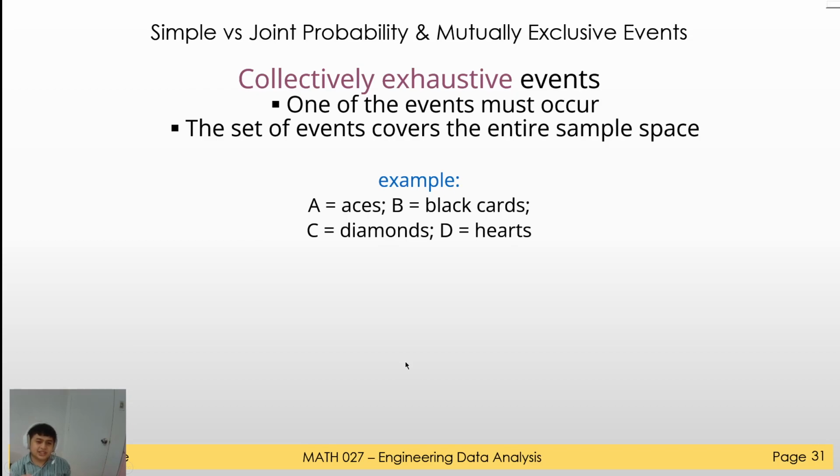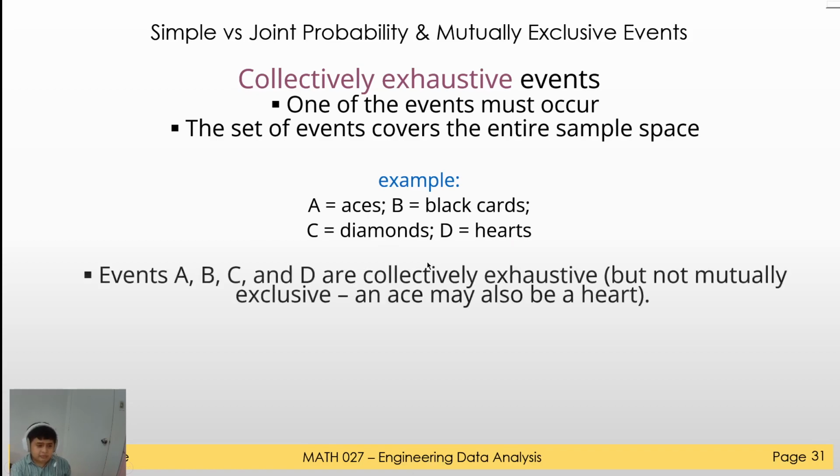can cover the entire sample space. Meaning, if let's say we have 4 events here, an event could be picking an ace card, picking a black card, picking a diamond card, a heart card. We can say that A, B, C, and D are collectively exhaustive.